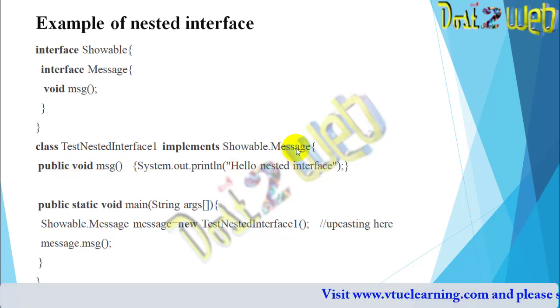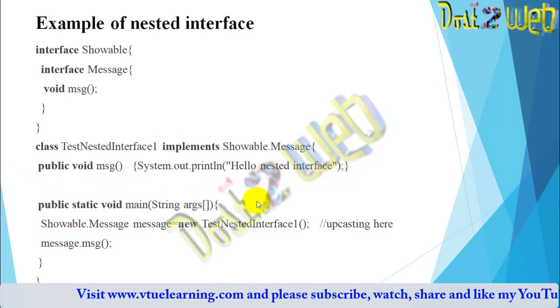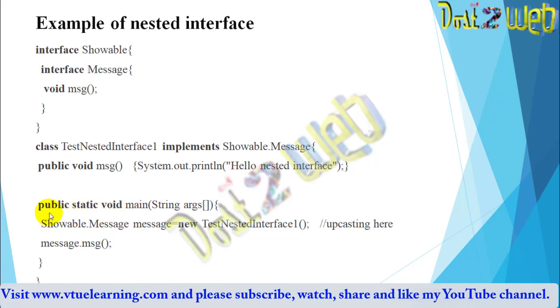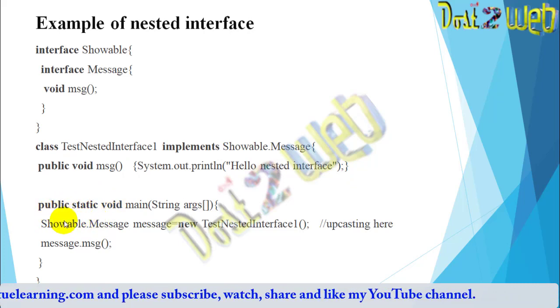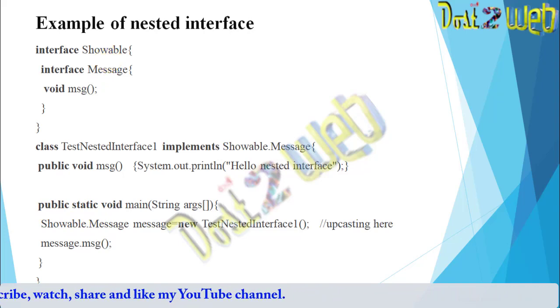Similarly, create a public void message method, which just prints hello nested interface. Come to the main method. If you remember how we did it with packages, when you want to access, you have to give the qualified name.